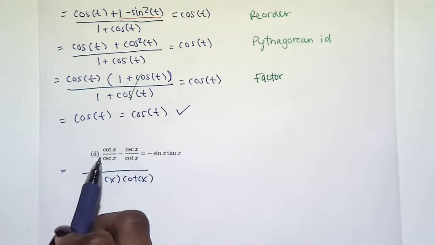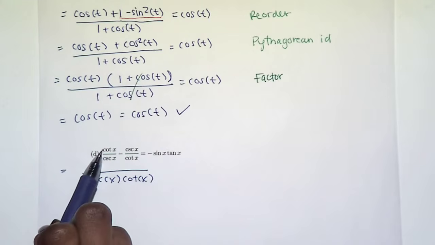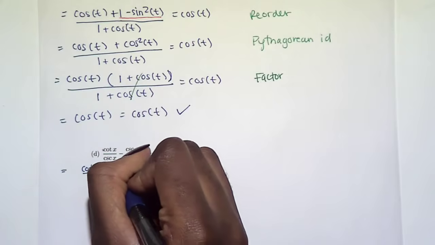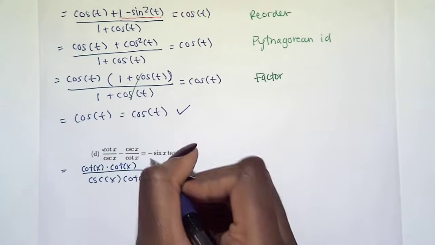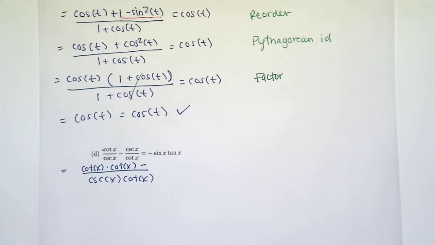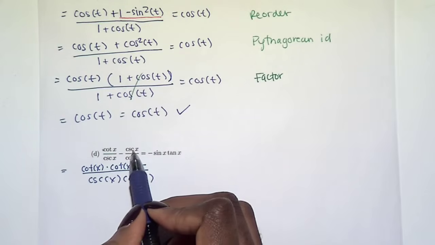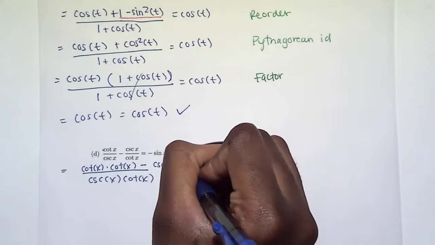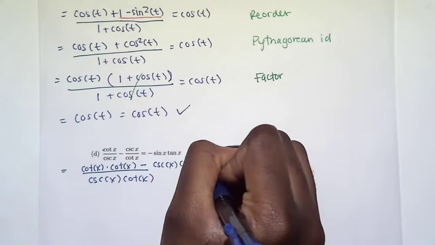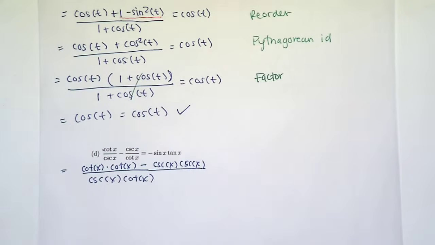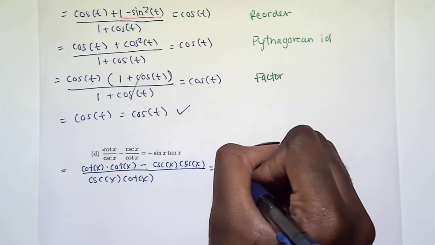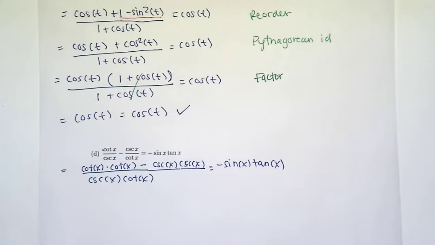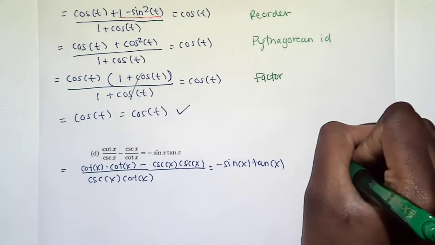So in the numerator up here, I'm going to have to multiply this one by cotangent x. Minus, I'm going to have to multiply this one by cosecant x. Okay. All right, so first step, common denominator.